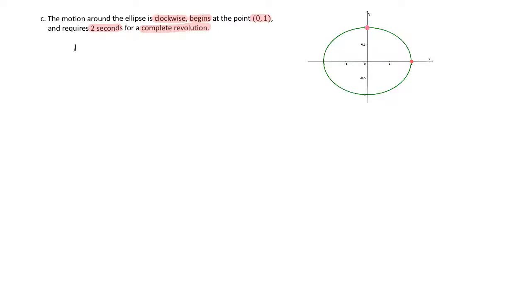So I know that t has to be between 0 and 2, right? That is really telling us that when we compute c of 0, we must get the point (0, 1). That's a must. So again, we have to be here on the top part of the ellipse when t is equal to 0.